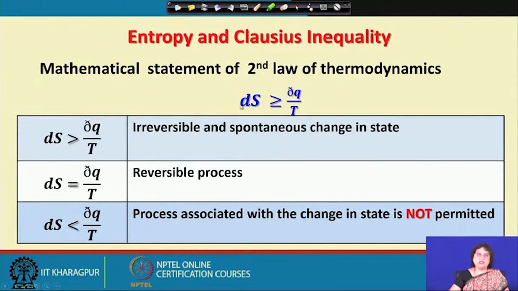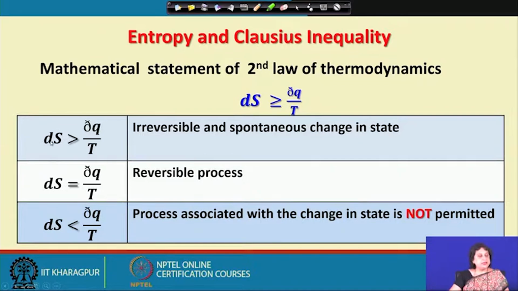And if this change in state is infinitesimal and is associated with an exchange of heat dq at a thermal reservoir maintained at a temperature T, then the Clausius inequality says dS must always be greater than or equal to this ratio, dq by T. And here the inequality sign has different implications.